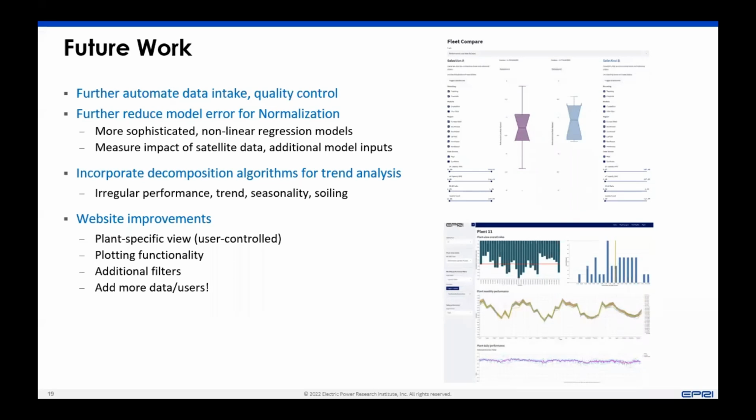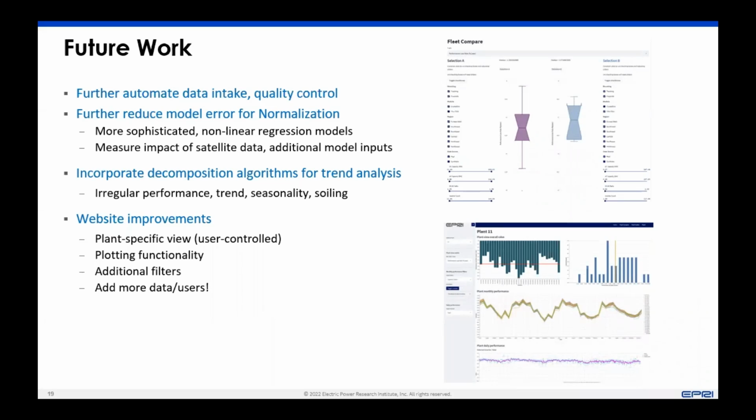We also want to add satellite data and additional model inputs to improve the model. And we want to incorporate a decomposition algorithm for the trend analysis to consider irregular performance, seasonality and soiling issues.